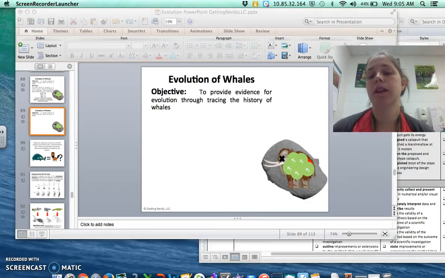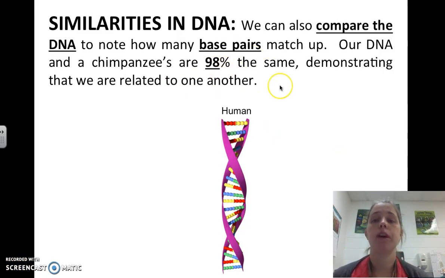We can also look at similarities of DNA. So we can compare the DNA and note how many base pairs. Remember, this is a single base pair, this is another base pair, this is another base pair. We can see how many base pairs match up. So for example, if we compare the DNA of ourselves and the DNA of chimps, okay, they are 98% the same, meaning we have 98% the exact same base pairs in the same order as chimps do.